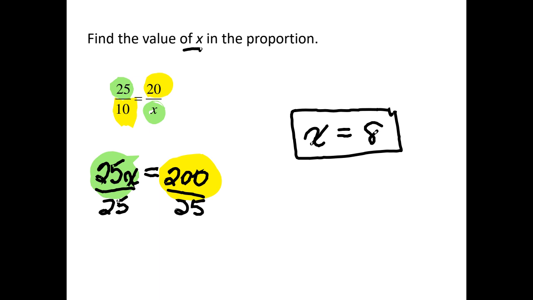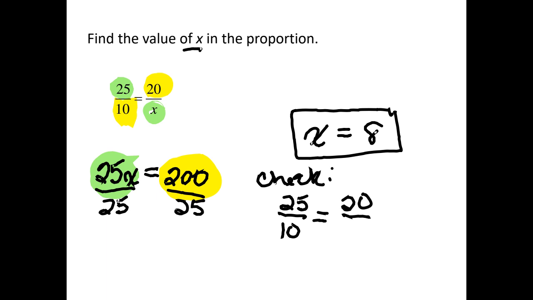Now, I do want to let you know that a check can also be 25 over 10 is equal to 20 over 8. Well, notice, if I take this 25 and multiply by 8, I am going to get 200.